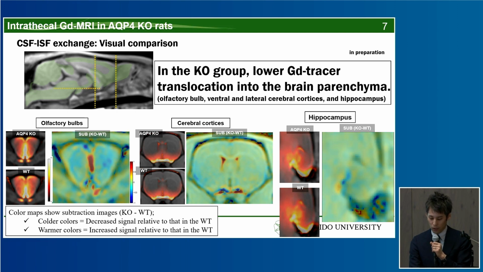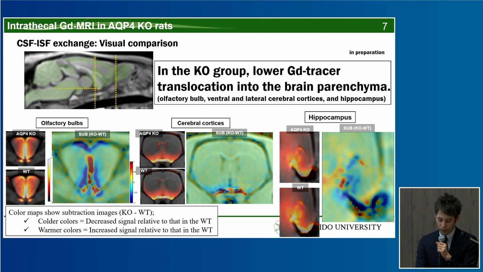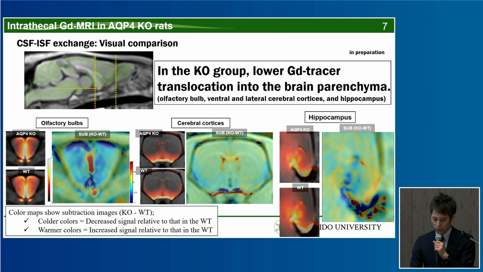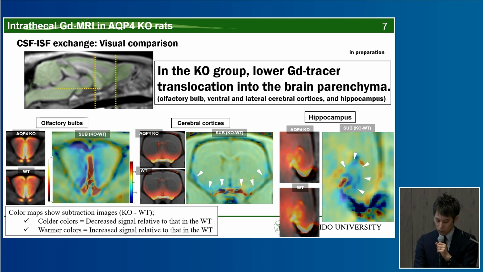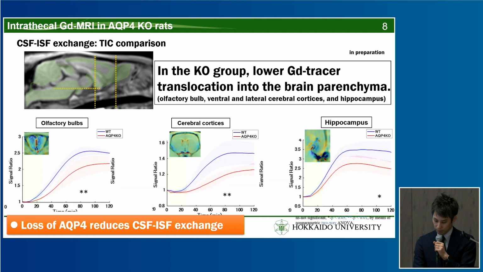The knockout group had a lower signal in the brain parenchyma than the wild-type rats, such as in the olfactory bulbs, ventral and lateral cerebral cortices, and hippocampus. This suggests that tracer translocation into the brain parenchyma was reduced.